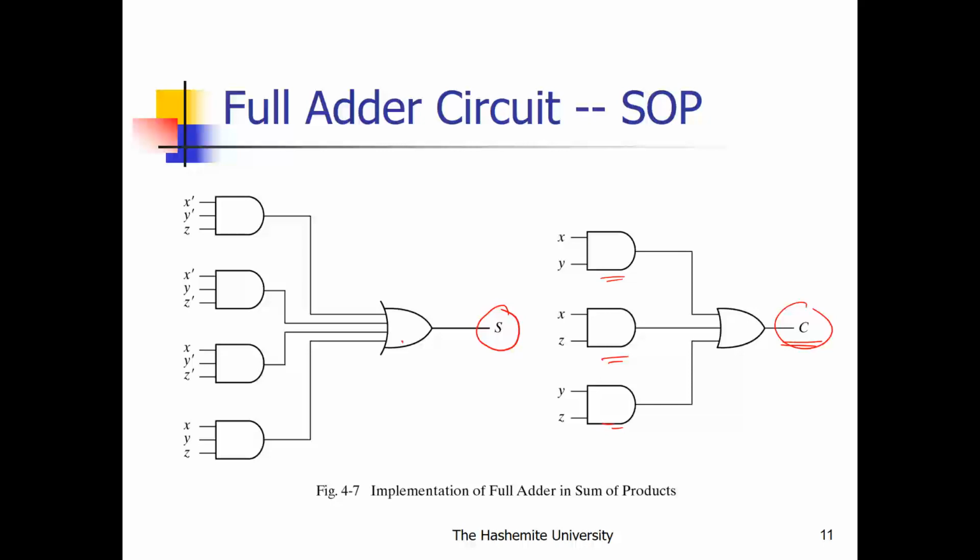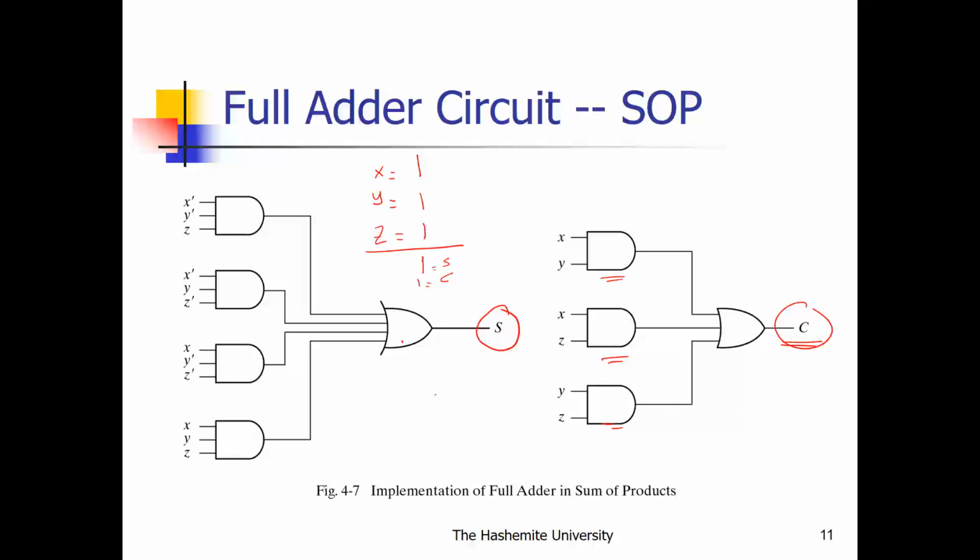So for instance, let's suppose I am adding 1, 1, 1 into a full adder, where x equals 1, y equals 1, and z equals 1. You would end up with a sum of 1 and a carry of 1. That's what we expect. Now let's see how the hardware deals with it.